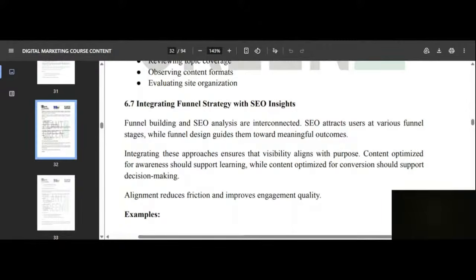We will be able to study the blog topics. We will also be able to study the content length. We will also be able to study how they use headings, where the headings are on their website, how it works, how short it is, how long it is. All of this we will be able to study.